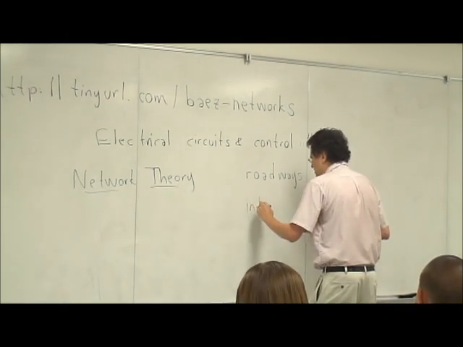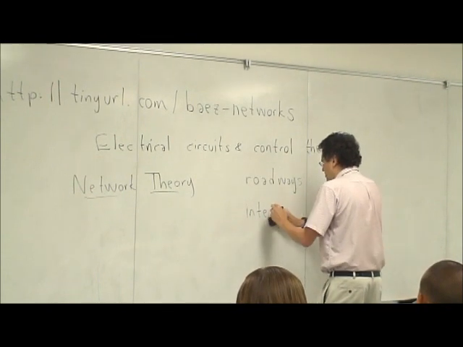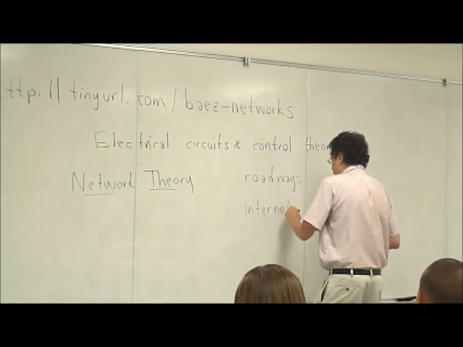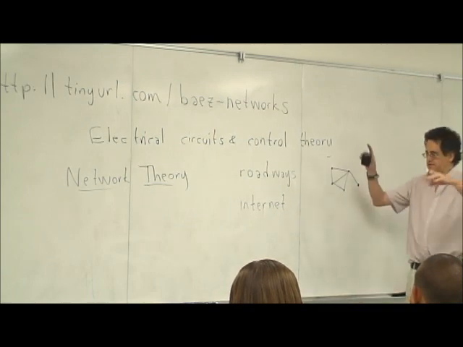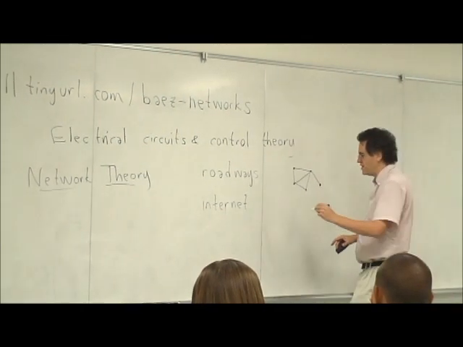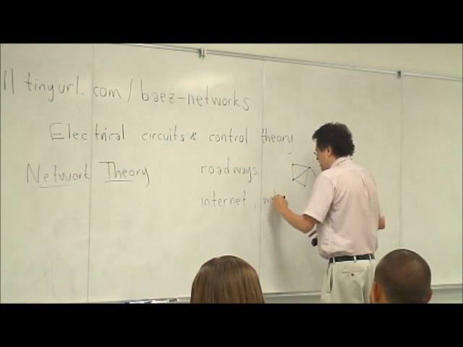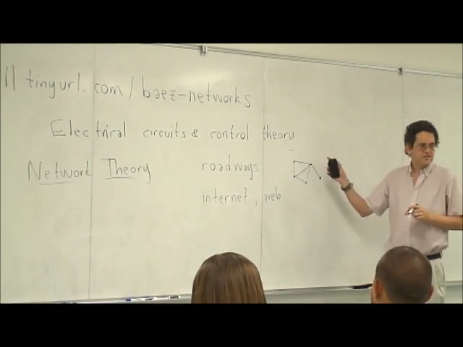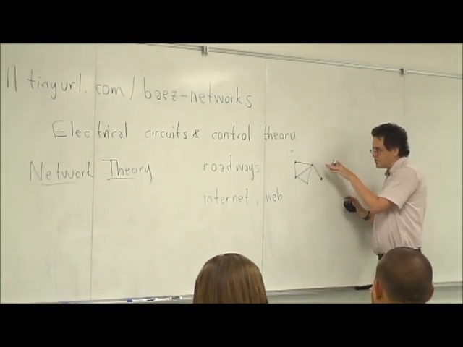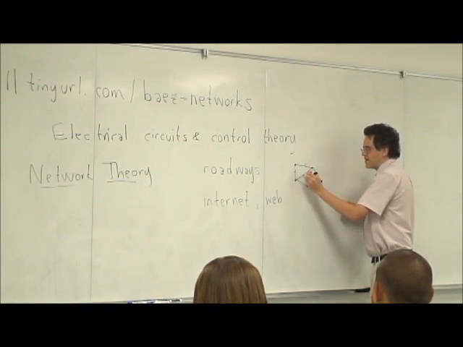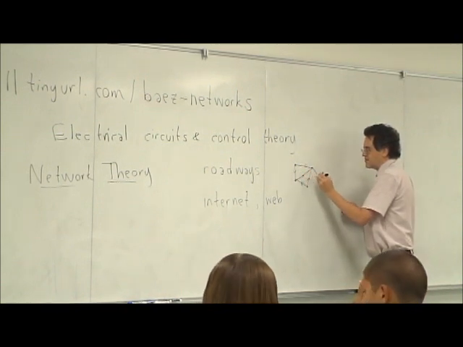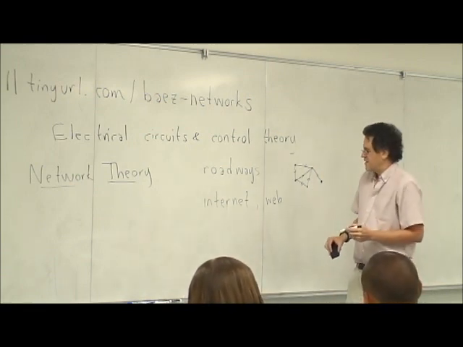Of course there's the internet now, both in its physical manifestation and in its metaphysical manifestation of the web, where the nodes are the web pages and the edges are the links. Links point from one web page to another, so very often you want to have arrows on your edges in graph theory. Sometimes you don't.